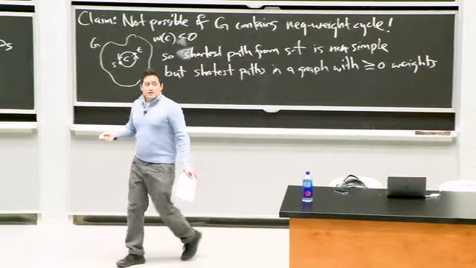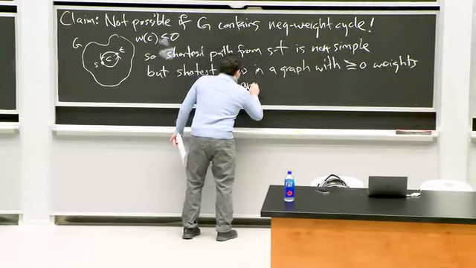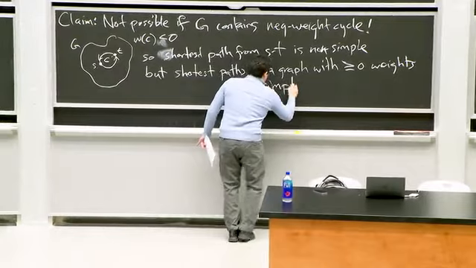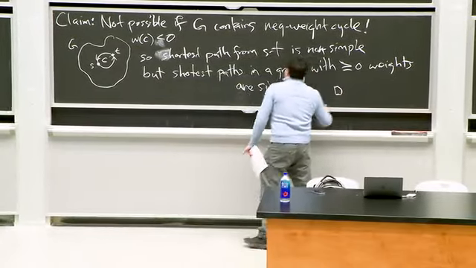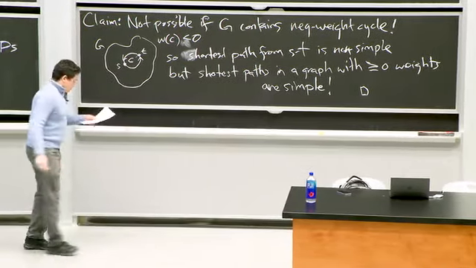Are simple, right? Because there exist shortest path trees. So that's a contradiction. So this is not possible.